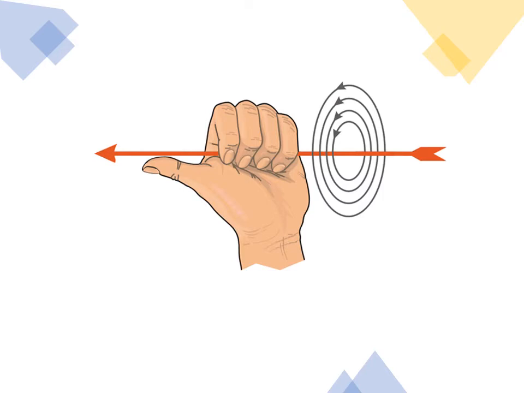Now, it's not the arrow that we're concerned about. It's the direction of the current. So your thumb would point in the direction of current. The way your fingers wrap around the conductor is the way the lines of force, or the magnetic field, would set up around the conductor.